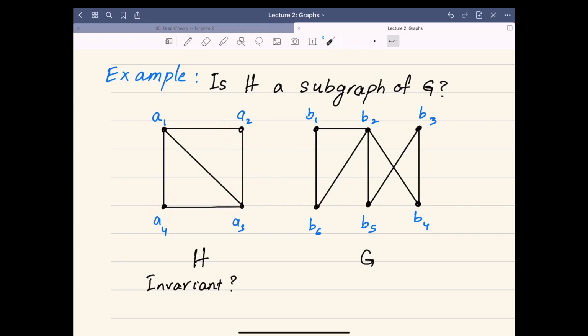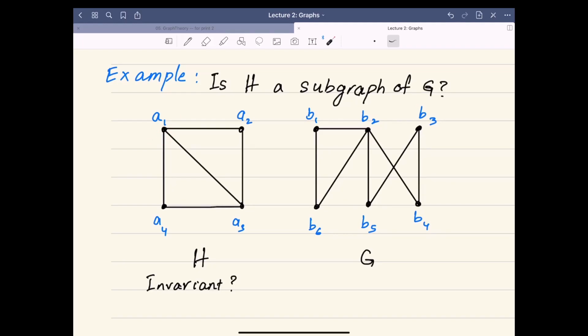Now let's go for G. This is 2, this is 2, all of them 2 except 1, which has greater than 2. Now if you want to do the mapping, you need to find a vertex such that the number of incident edges is either equal or greater.